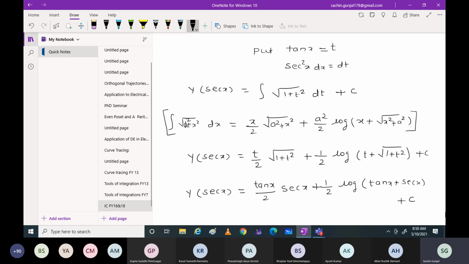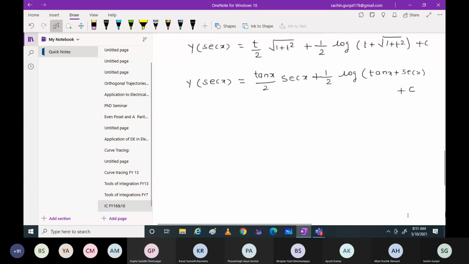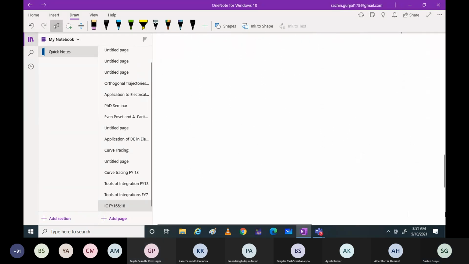All right. So let us go to the second example. May I scroll down? Yes. So write down the second.